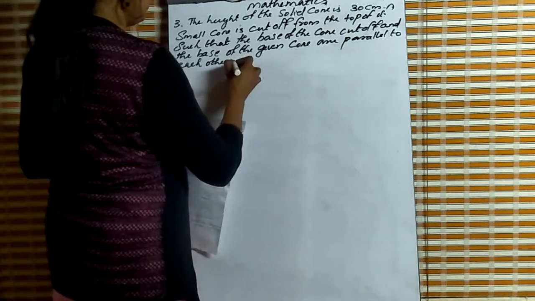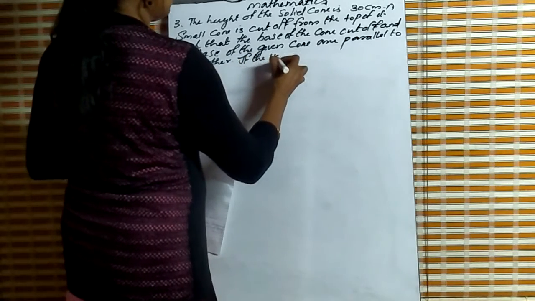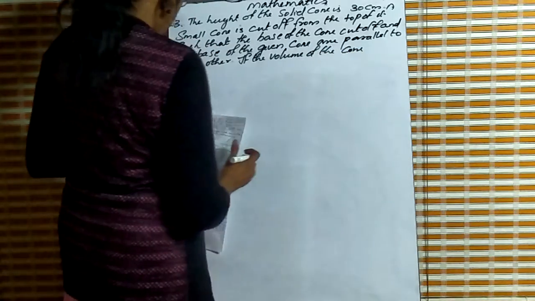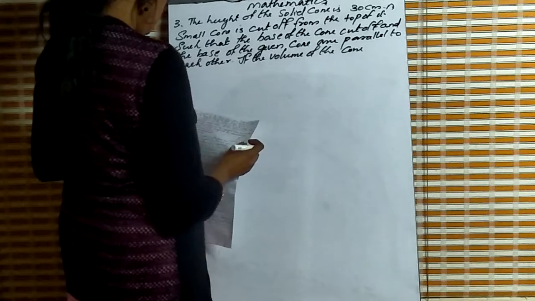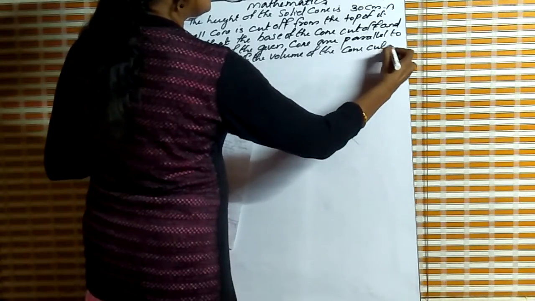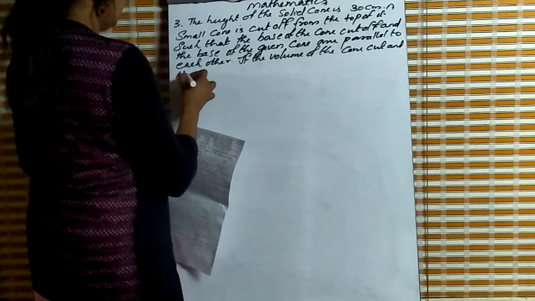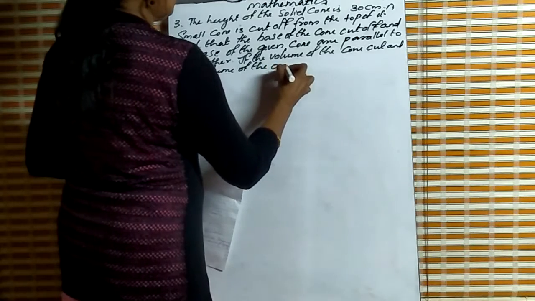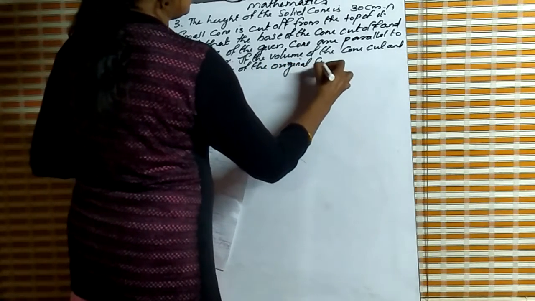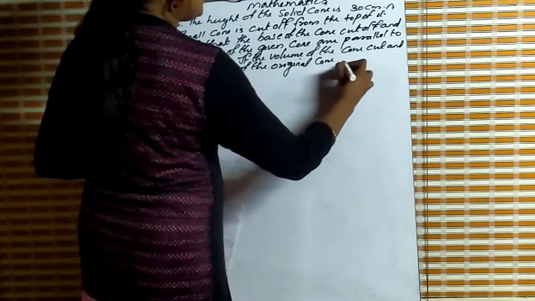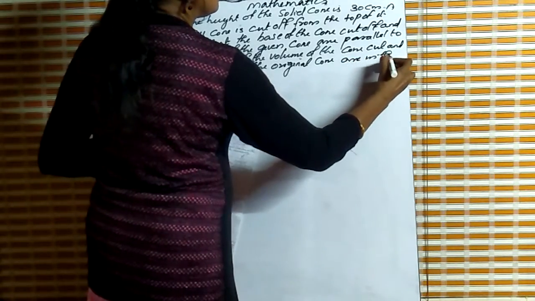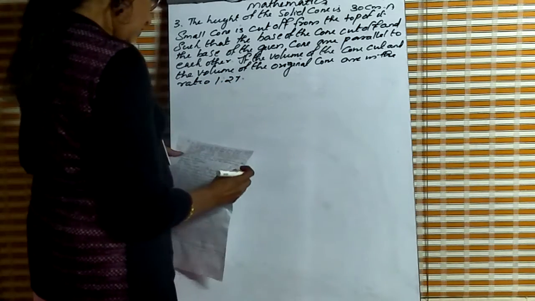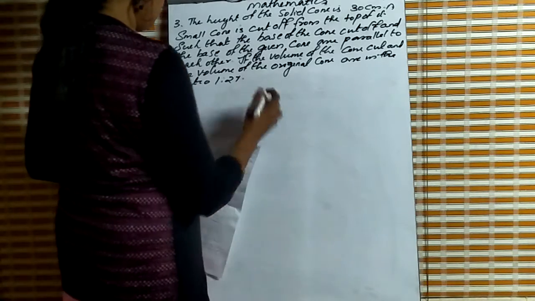If the volume of the cone cut and the volume of the original cone are in the ratio 1:27. Find the height of the remaining part of the given cone.